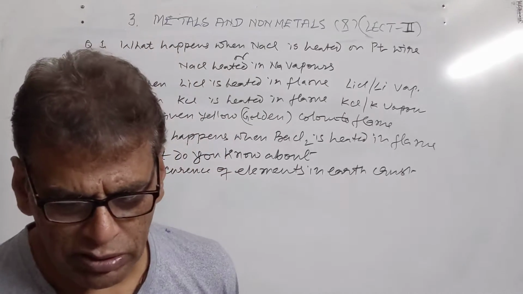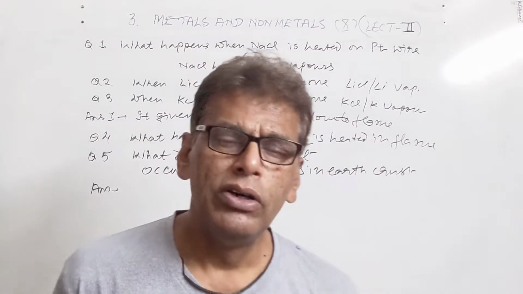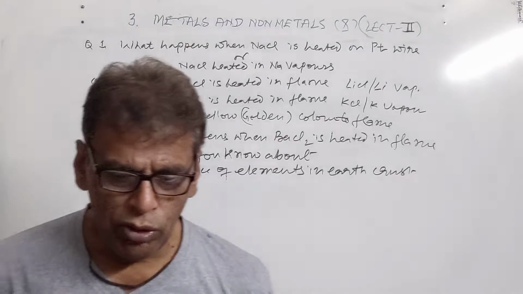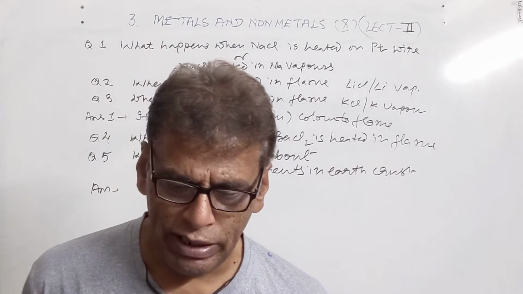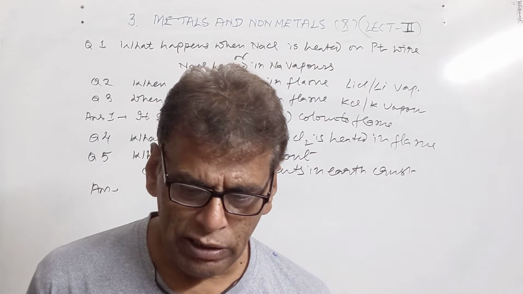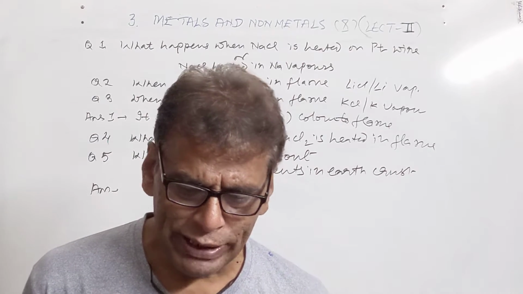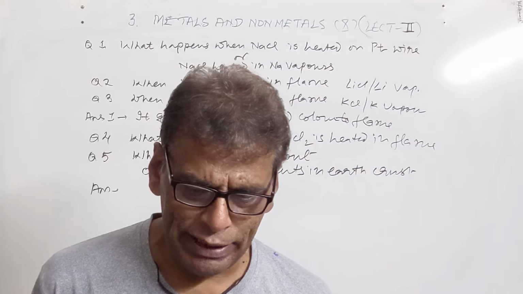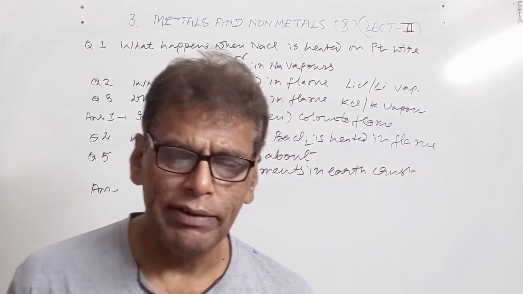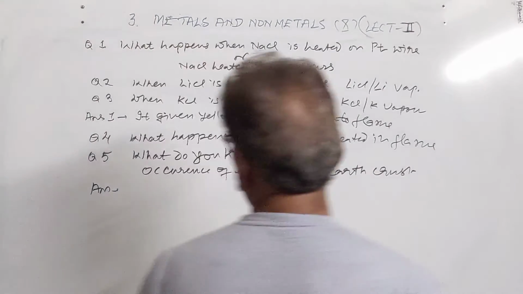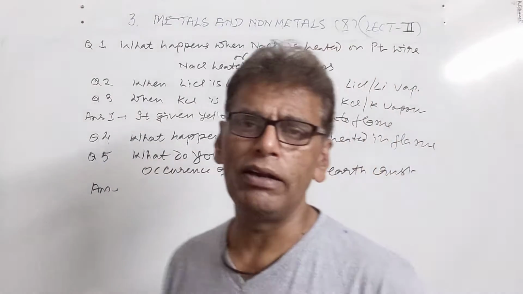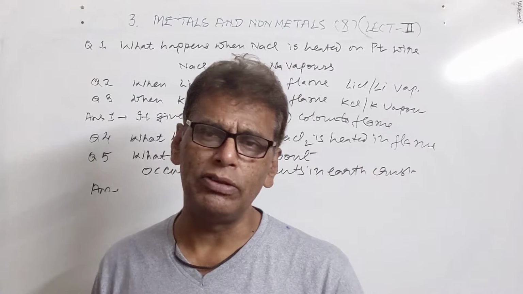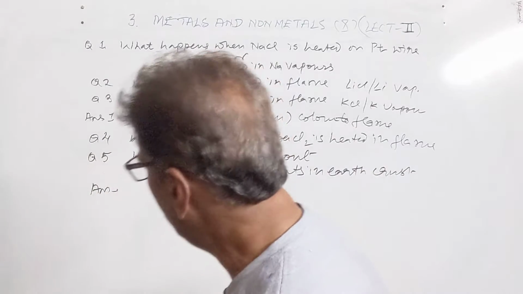These are copper, silver, and gold, along with mercury. So we have three types of metals. Metals of low reactivity are generally found in the native state. Metals of high reactivity are found on the upper side of hydrogen. Then we have metals with moderate reactivity, found just above hydrogen in the activity series.